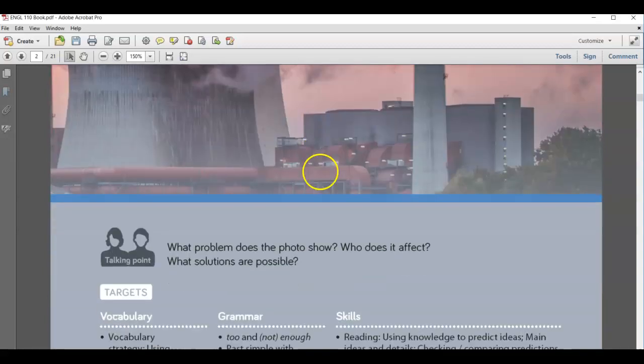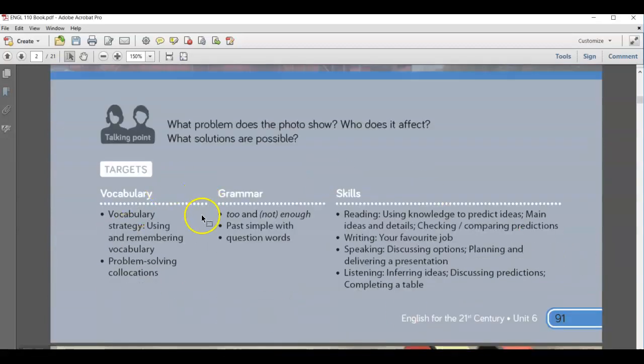And in this unit, we will study the following. Under vocabulary, we will study vocabulary strategies like using and remembering vocabulary, and problem-solving collocations. Words are always used together when we talk about problem-solving issues. For grammar, we will study too and not enough, past simple, and past simple with question words.